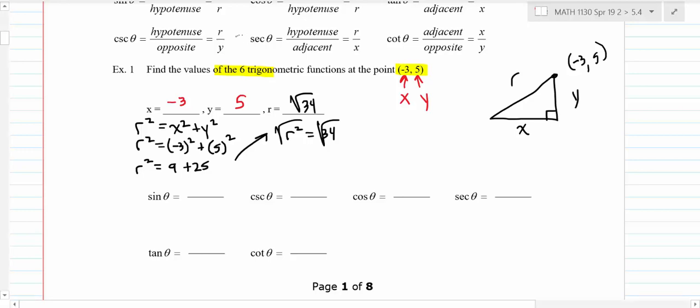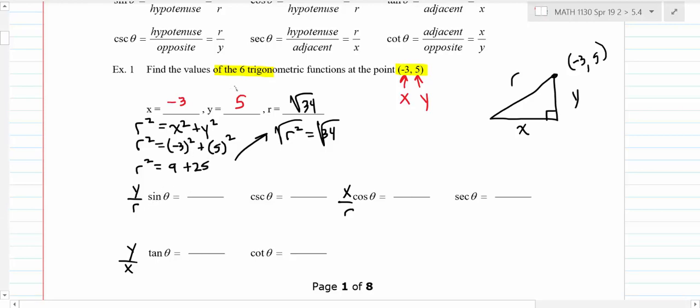All right. Now it's just a matter of applying the definitions. Let's start with the sine, cosine, and the tangent. That's usually what I do, just do sine, cosine, and tangent, and then do the reciprocals to find the other ones. And you do have to rationalize denominators sometimes.